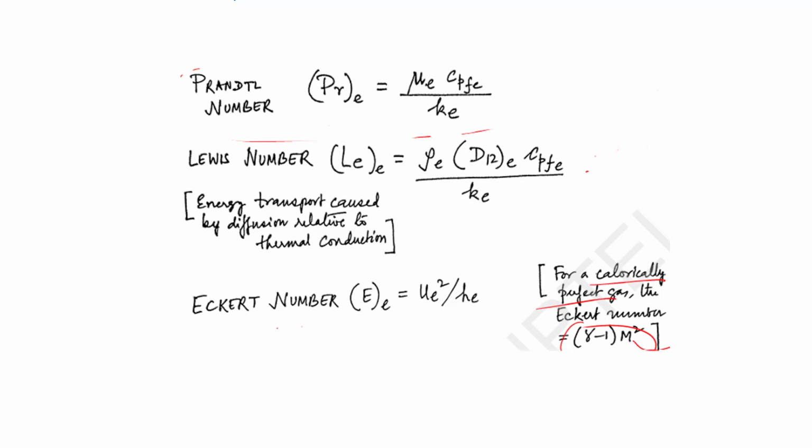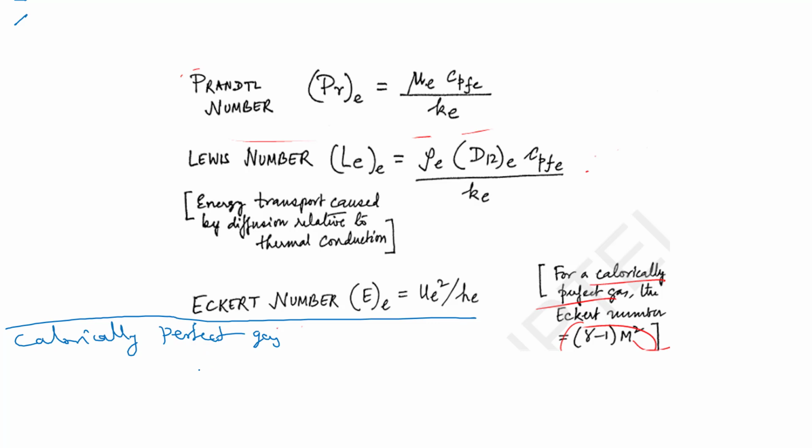For the calorically perfect gas, the Eckert number is gamma minus 1 M square. So if we check for this calorically perfect gas, this E will be ue square upon he.